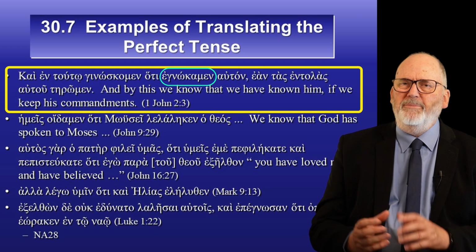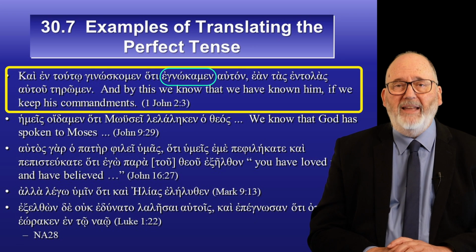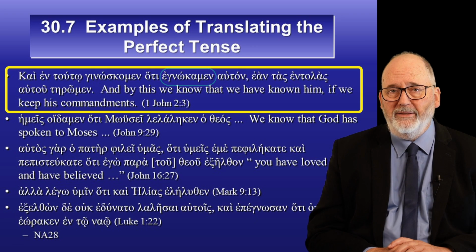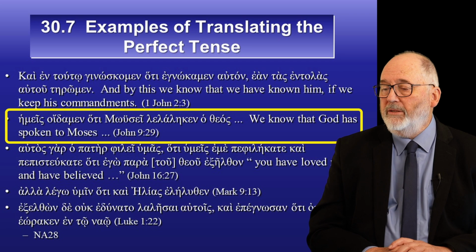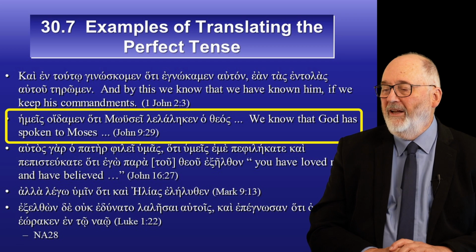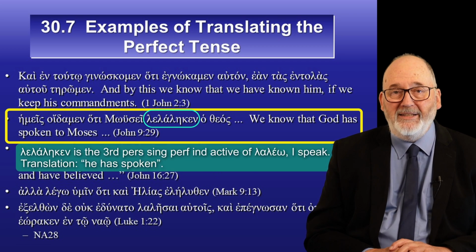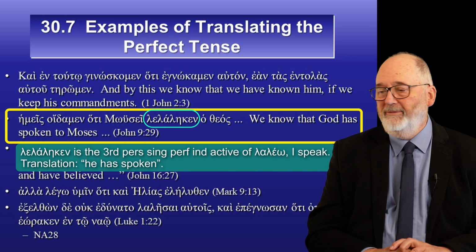And again, this is something that happened in the past. We have known him, and it affects our current status. Hēmeis oidamen hoti Mōusei lelalēken ho theos. We know that God has spoken to Moses.